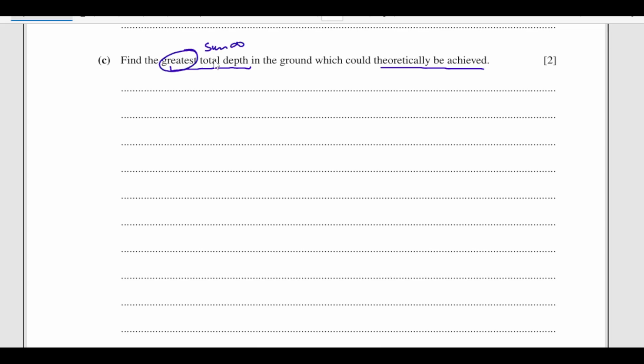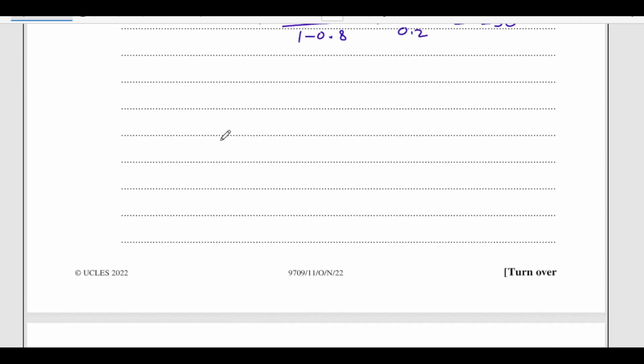So sum to infinity actually we are looking for. So S infinity is A over 1 minus R. A is 50, 1 minus 0.8. So this is 50 over 0.2, which is 250, right? So that's it for this question.